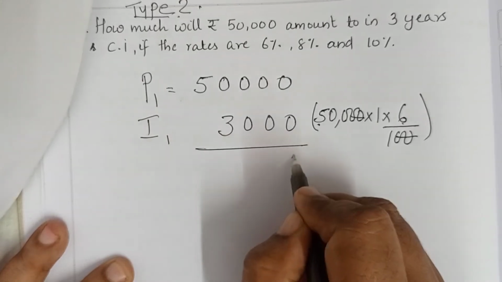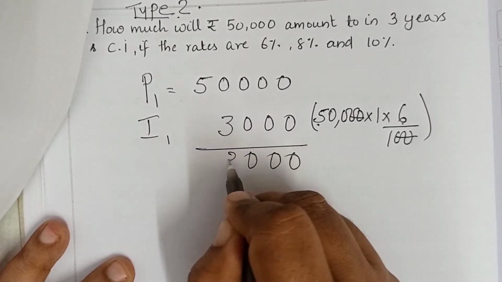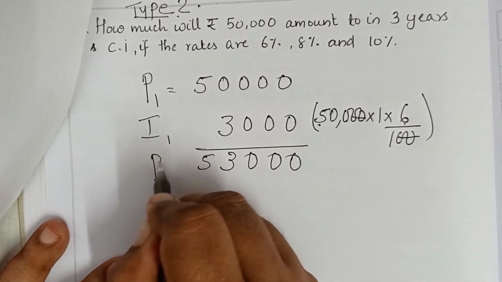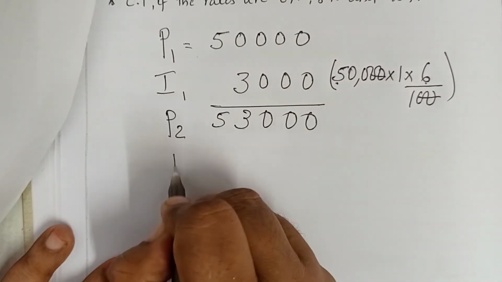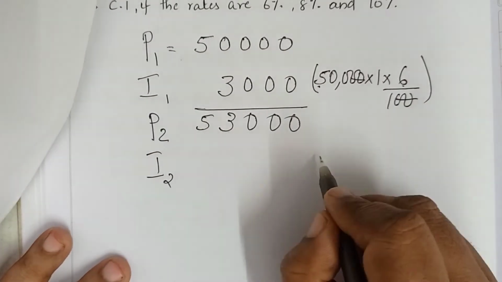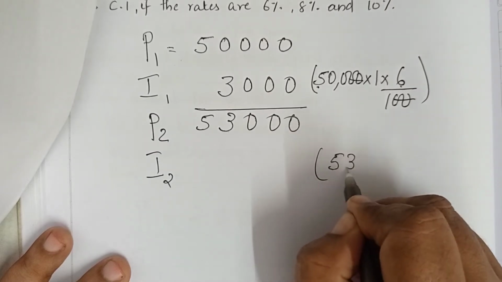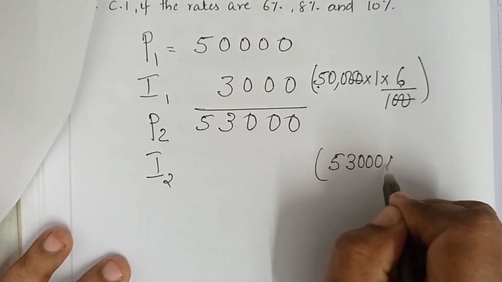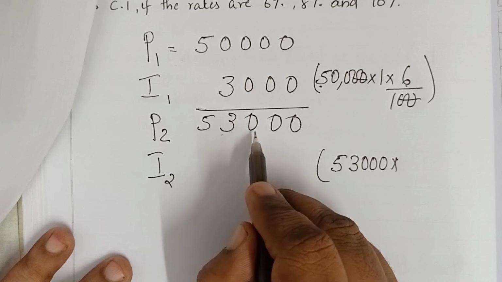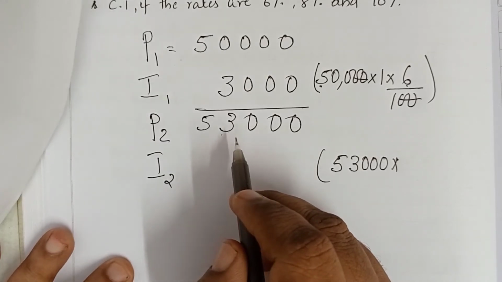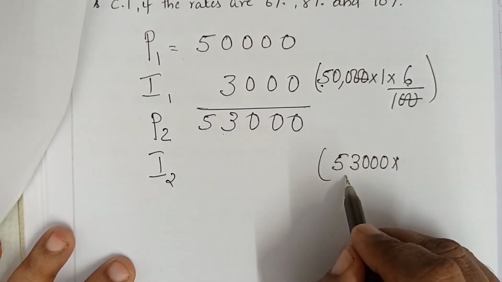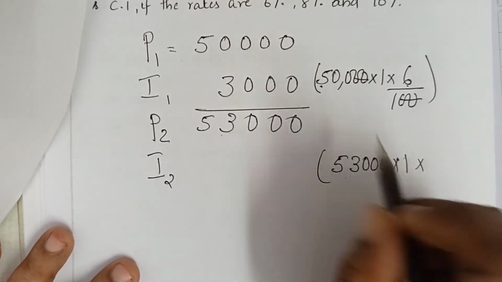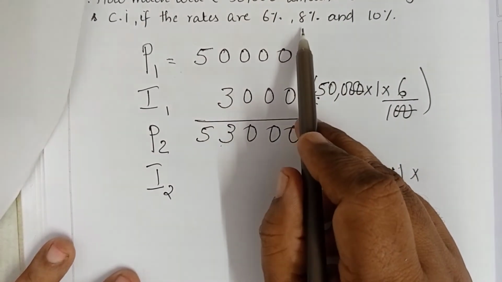Okay, students. 53,000. That is P2. Then what is I2? I2 means 53,000 into, this is P2. If you calculate using compound interest, this principal changed. Therefore, 53,000 into 1 into, for the second year, read the rate.